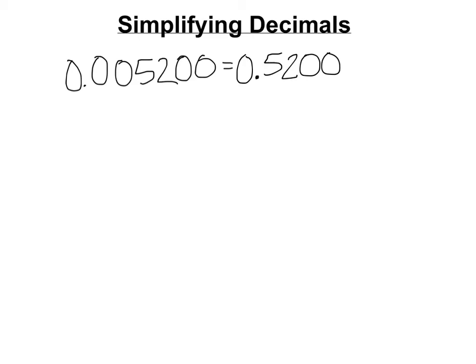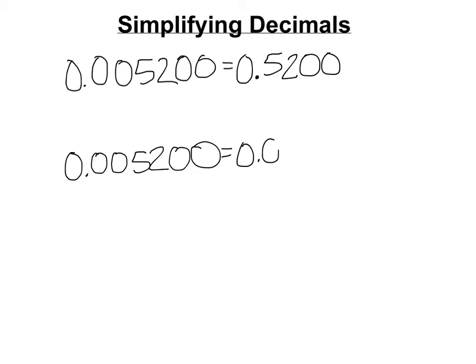Skip a couple spaces, and let's do it again. But this time, let's get rid of these last 2 zeros. So 0.0052. Well, if we take a look at place values, over here in the 10th place, I have a 0.